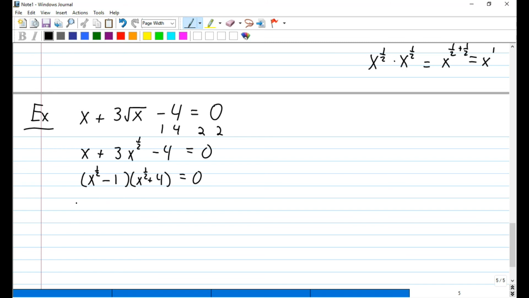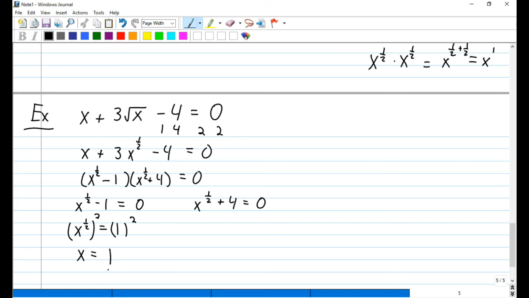So let's see. X to the 1/2 minus 1 equals 0. And x to the 1/2 plus 4 equals 0. Alright, so x to the 1/2, when I move that 1 over, equals 1. I need to do what to both sides of the equation? If that's to the 1/2, the reciprocal is 2.